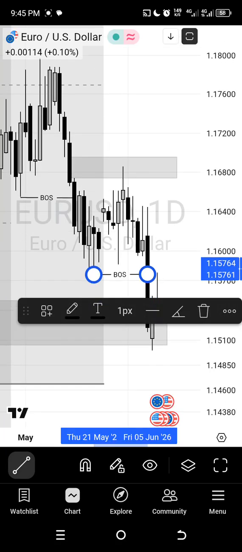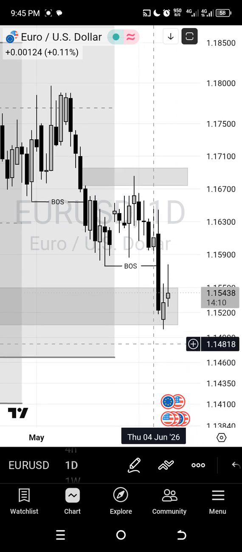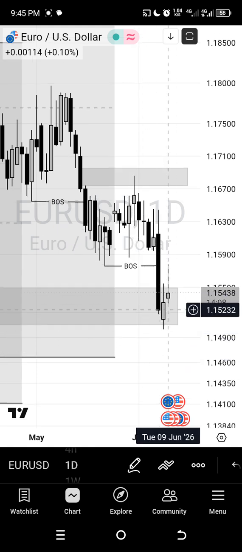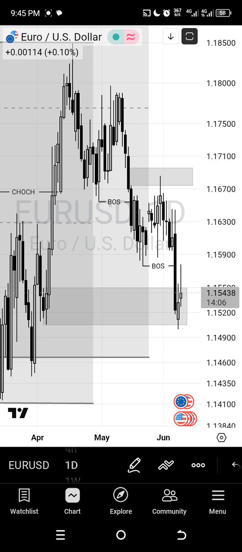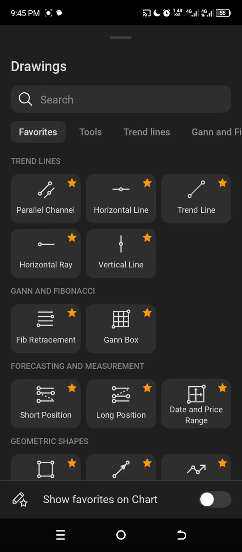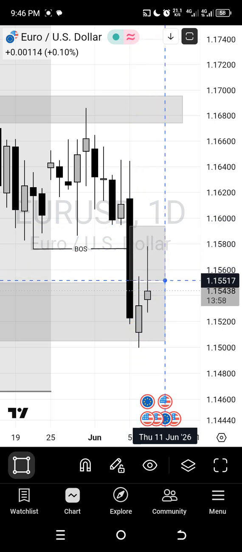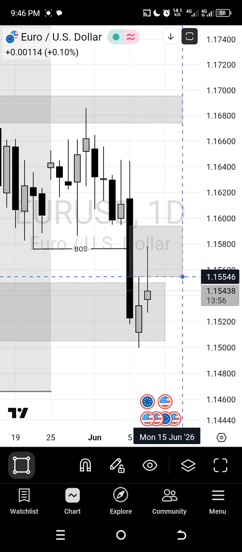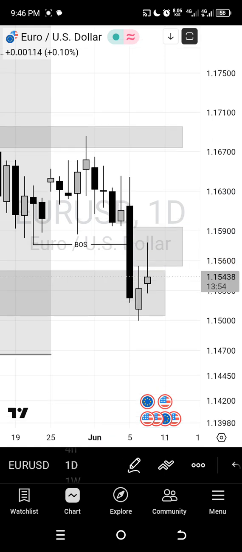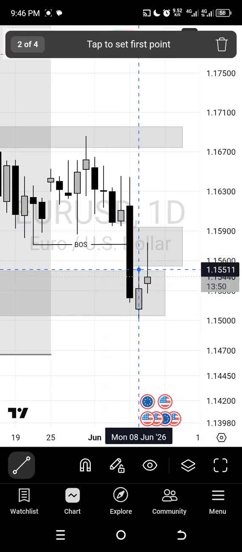Okay, with that said, this is the daily time frame, and our job is to monitor the candles within this daily time frame. Right now, on the daily time frame, I've got this daily FVG, or we can say daily fair value gap, and we've got this bullish candle, right?